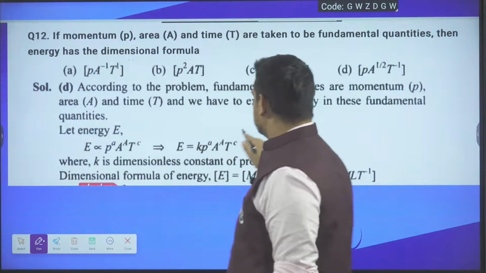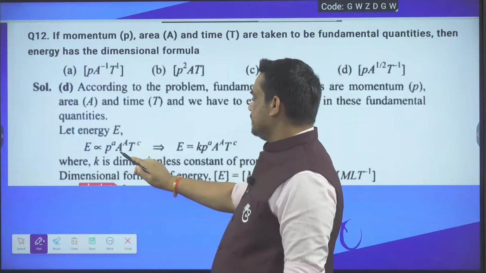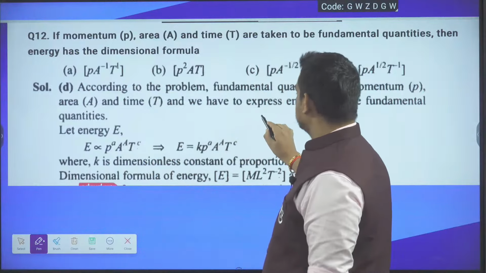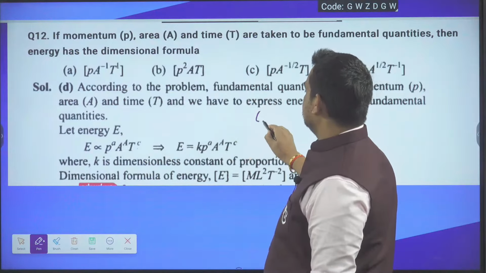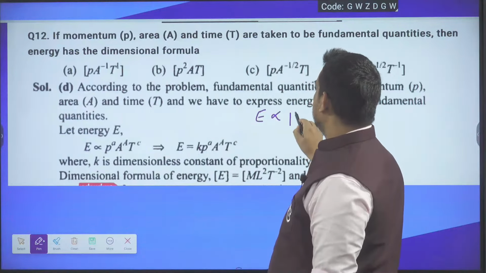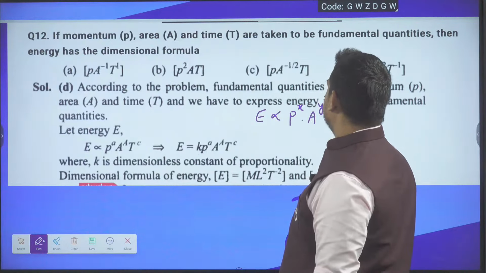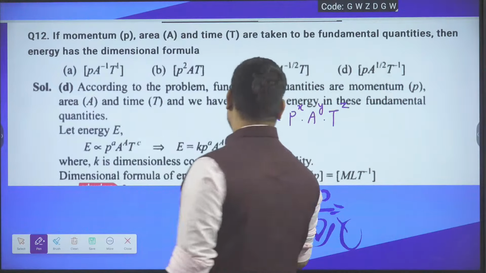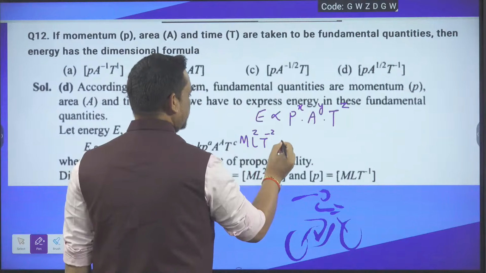We write like this: energy is proportional to P power X, A power Y, and then T power Z. Then on both sides we have to write the dimensions. E is ML² T⁻².